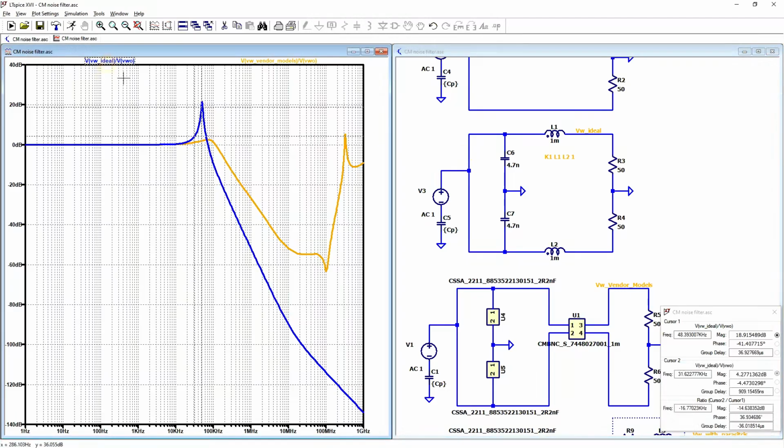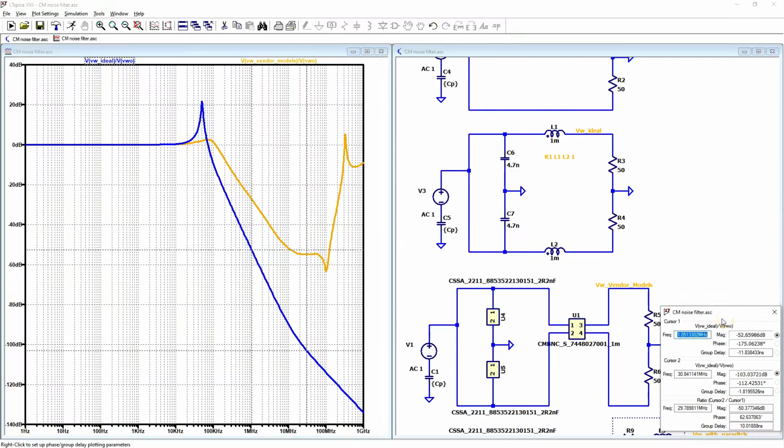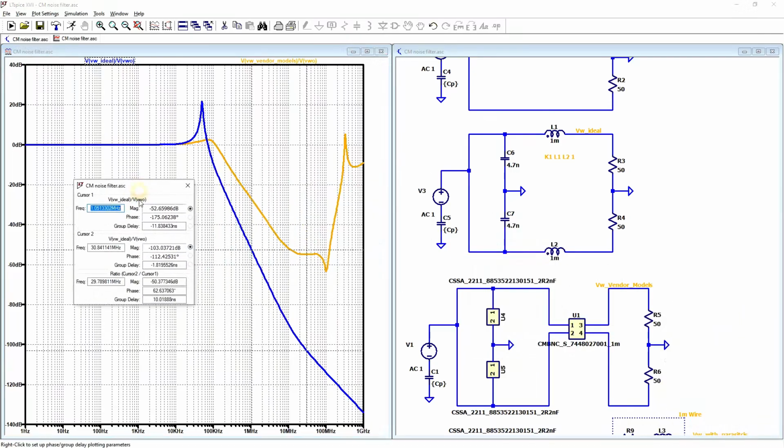And what we can see is that between, let's see, 1 megahertz and 30 megahertz, we have 50 dB of attenuation and 100 dB. This is a lot.